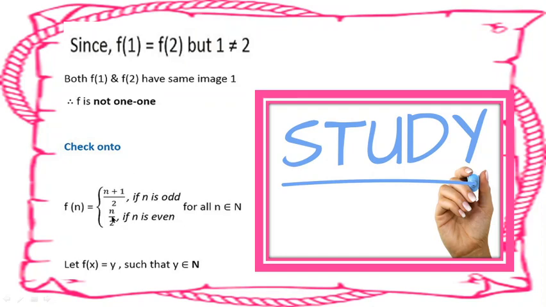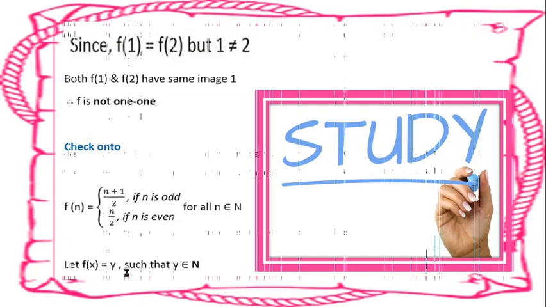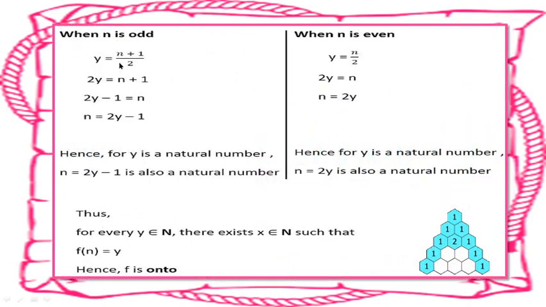Now let's check onto. Here we will equate the function with y, f(x) equal to y. So y is equal to (n plus 1) by 2 when n is odd, and y equal to n by 2 when n is even. This is given in the question. Now let's solve it. Let's calculate the way we used to calculate x in terms of y. Here we will find n in terms of y, and here also n in terms of y.